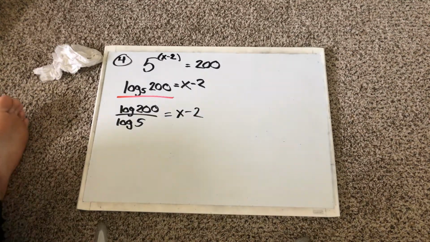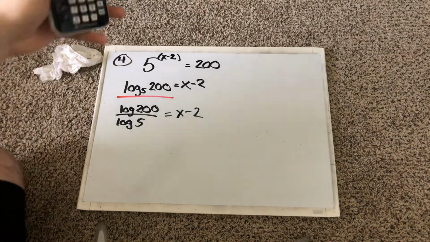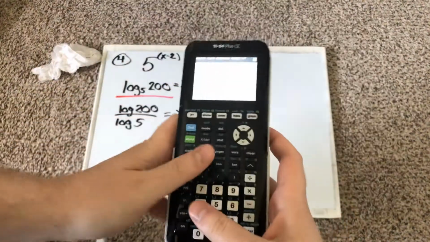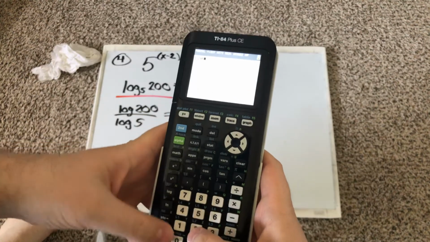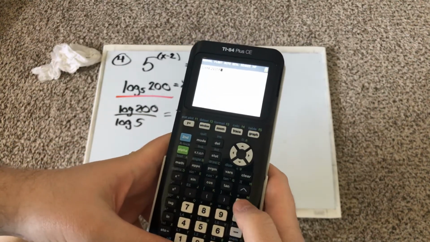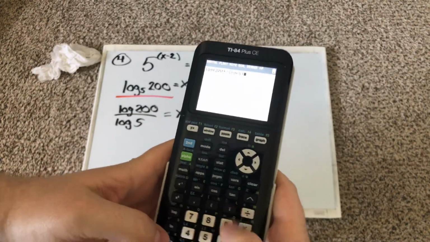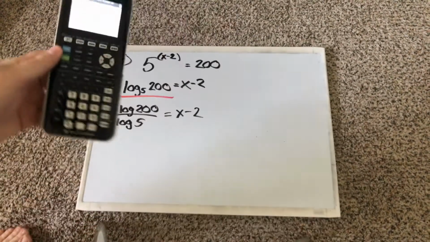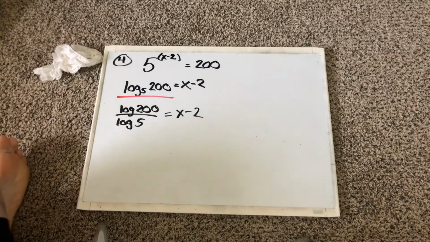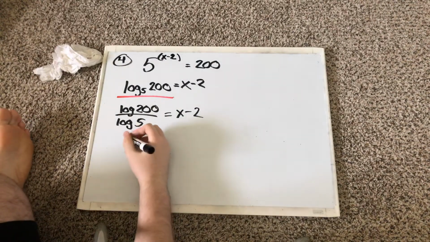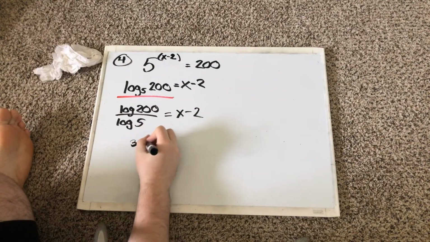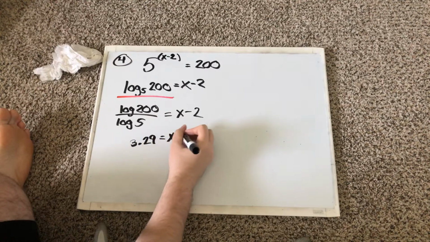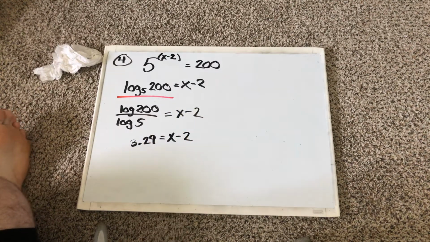So if I go into my calculator and do log 200, close my parenthesis, divided by log 5, close that parenthesis, I get 3.29. So this log 200 divided by log 5 gives us 3.29. So we have 3.29 equals x minus 2.